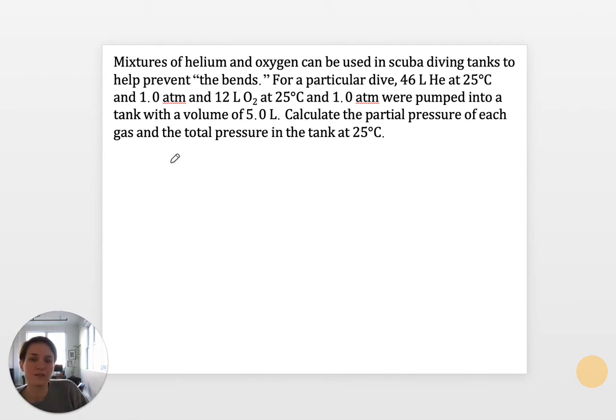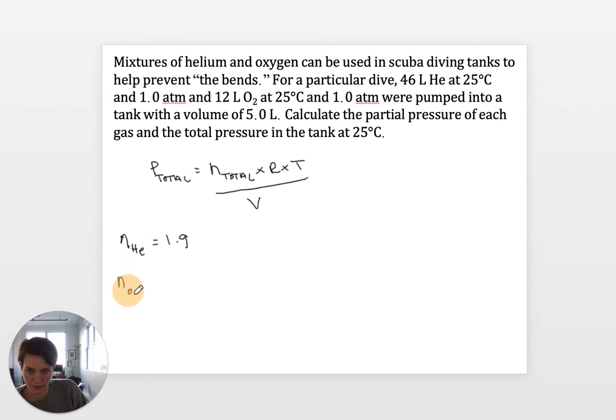But if you only needed to solve for what the total pressure is, that's when you get to use that really nice P total being equal to n total times R times T over V. So before, the number of moles of our helium was 1.9. Number of moles of our oxygen was 0.49.